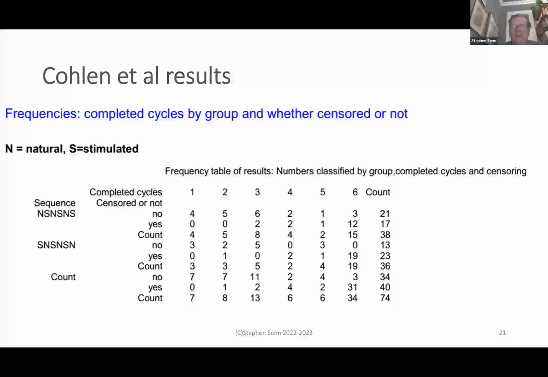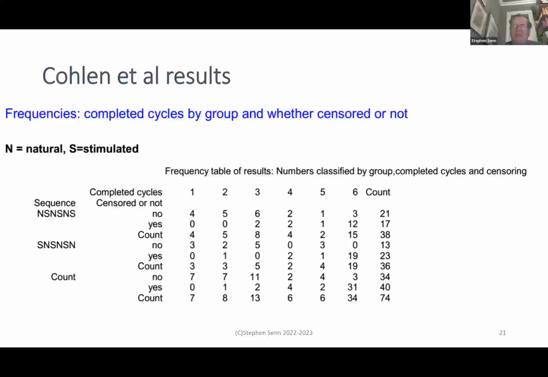So here is a summary of the data from Cohen et al. Essentially, what you have is the number of patients in total on the 2 sequences: 36 on the second sequence, sorry, 38 on the first sequence.